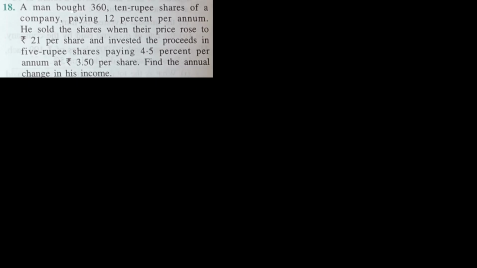A man bought 360 shares. 360 is just a number, the number of shares, of 10 rupee shares. So the nominal value is 10 rupees, because with the share 10 rupee is mentioned, of a company paying 12% per annum. Here with 12% nothing else is mentioned, so it's a dividend percent.